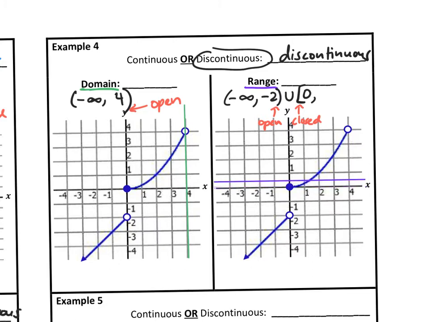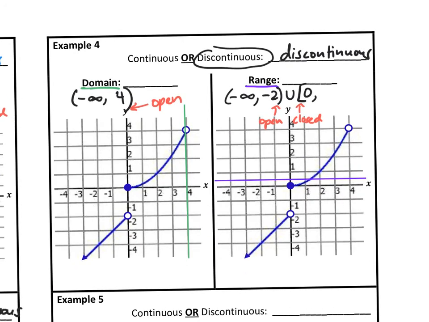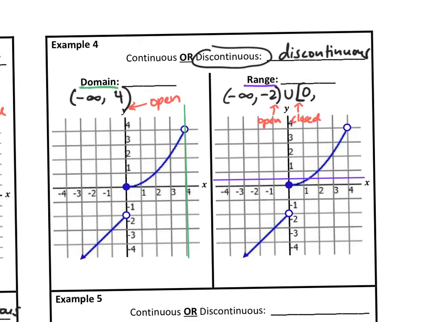So the second part of the graph continues, right? So it starts at 0, and I'm hitting the graph, hitting the graph, hitting the graph as I keep scanning up. And where does that piece end?